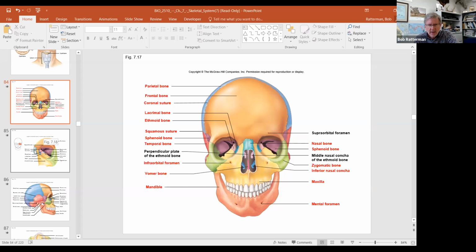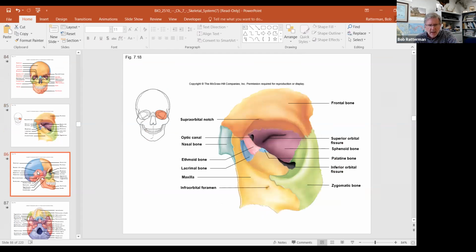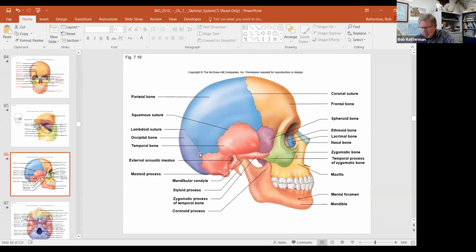Let's see, if I go to the next diagram, they're going to stay red, so that's good. Here's a lateral view. This is also, of course, in your textbook on 217. It might be easier for me just to cross out those you don't need to know as opposed to highlighting them. I'm looking through the list and I'm seeing this we did not specifically talk about.